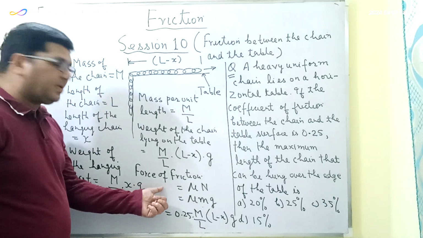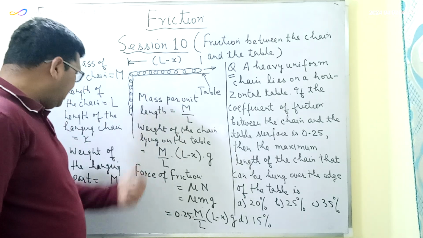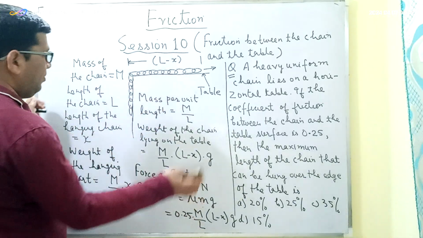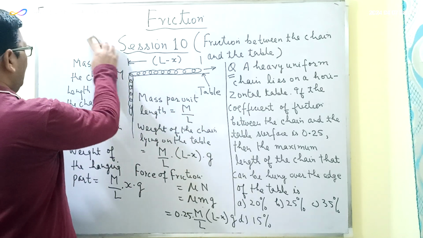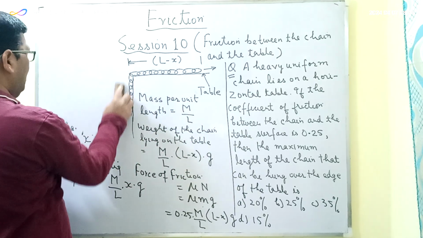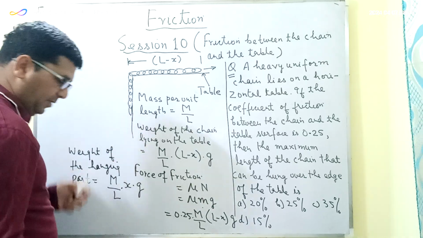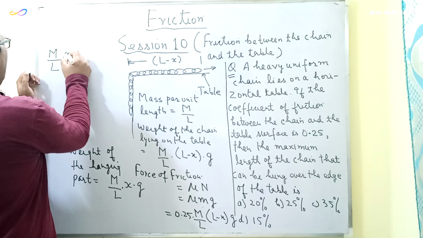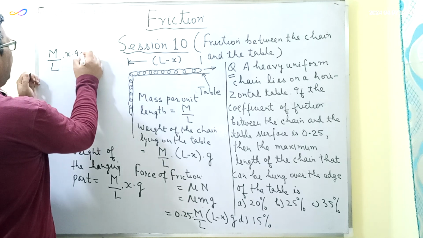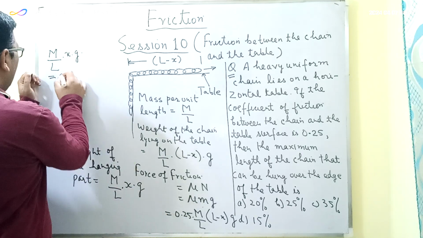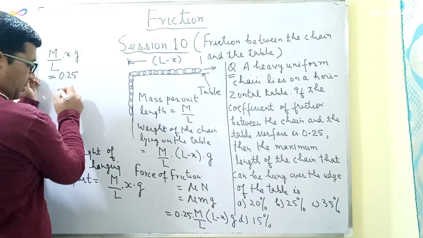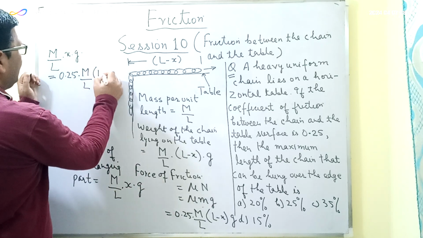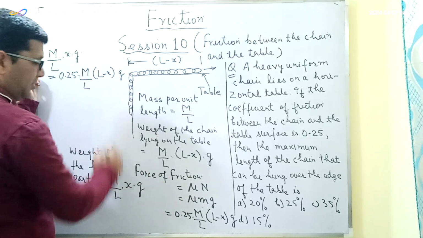Now since the force of friction will be balancing the weight of this hanging part of the chain, therefore M upon L into X into g will be equal to 0.25 into M upon L into (L minus X) into g.